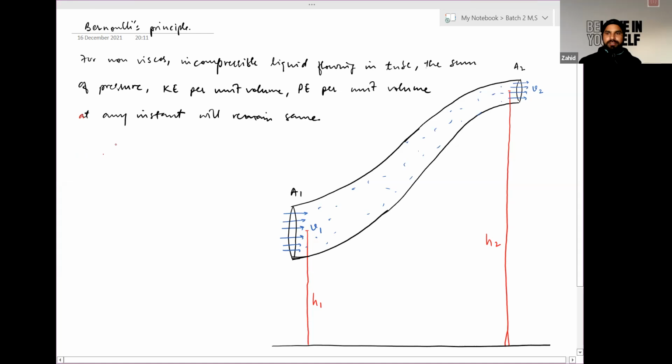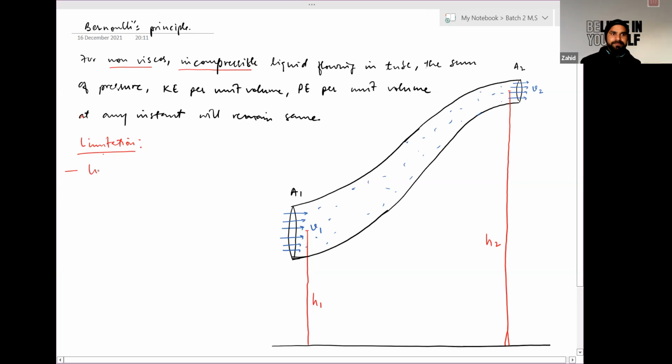So there is some limitation of this particular principle. First, the liquid should be non-viscous. It should be incompressible. Next, there will be no effect of changing height on gravity, so gravity will remain constant. And in this entire system, energy should be conserved.